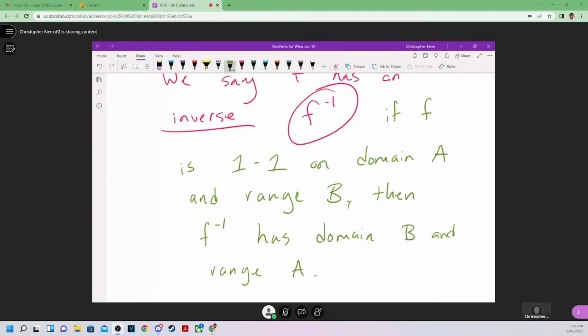It has the domain of the range of f, and its range is the domain of f. So it's swapped. So you gotta be careful.